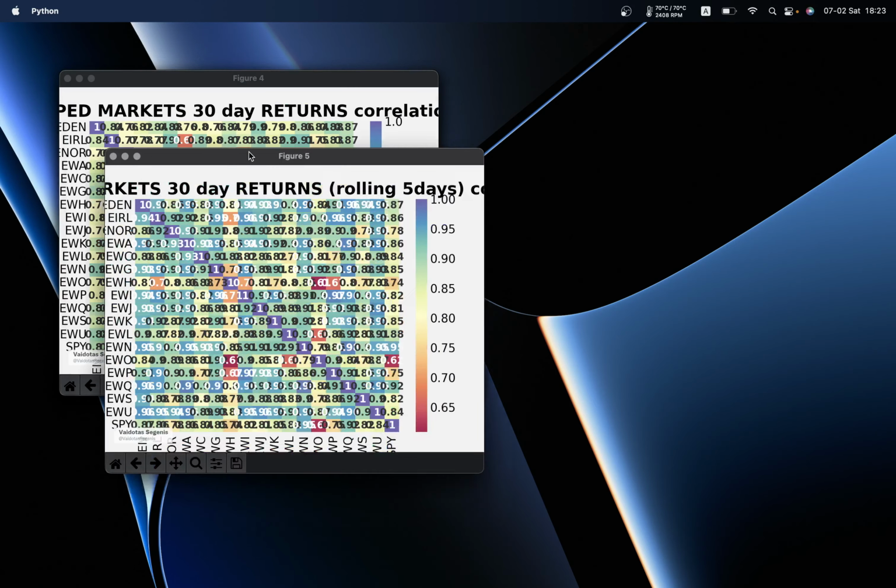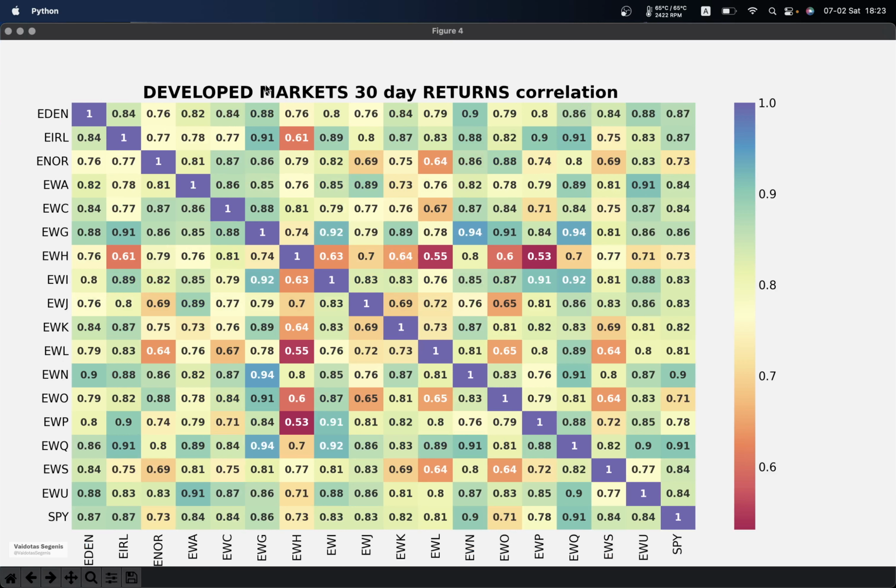Here it is. Okay, so this one is less purple, and you can expect that. This one is developed market country ETFs, and of course I always include the SPY because that's the main thing I'm looking at when I'm looking at international assets, especially equity assets. Basically the most important line is the bottom one, and what I want to see is the same thing from two corners.